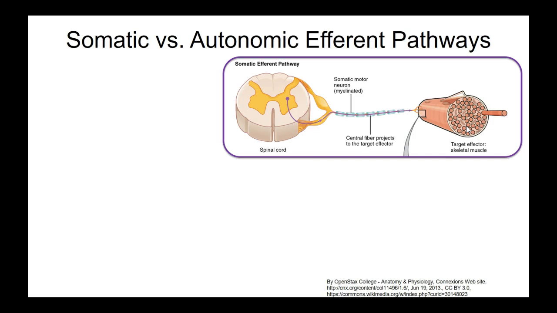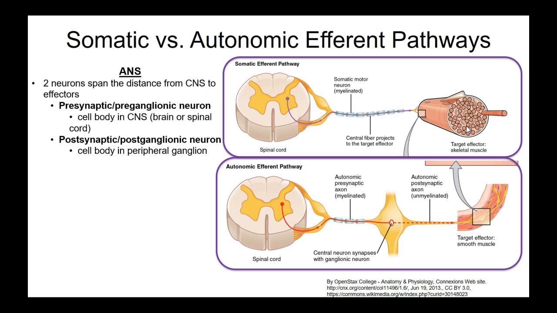And if we look at the autonomic nervous system, what we see is that to get to our effector, there are generally going to be two neurons. So that's one of the differences between the autonomic versus the somatic nervous system. Now, in order for one neuron to talk to another neuron, we have to have a synapse, right?